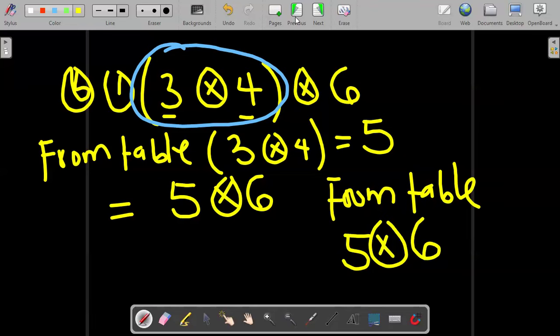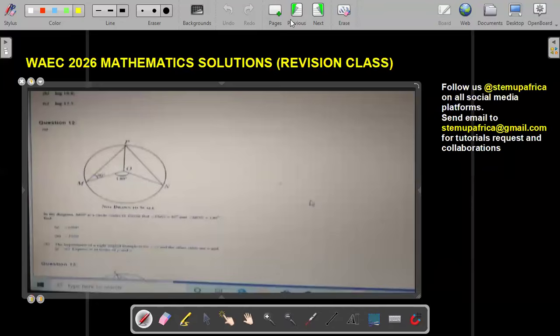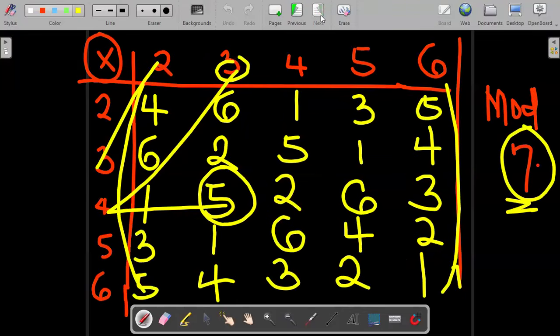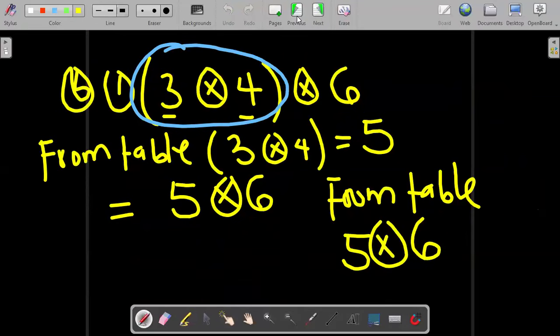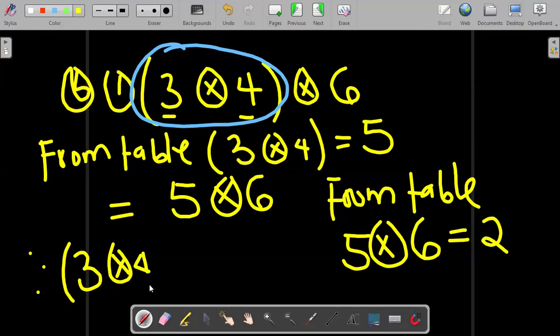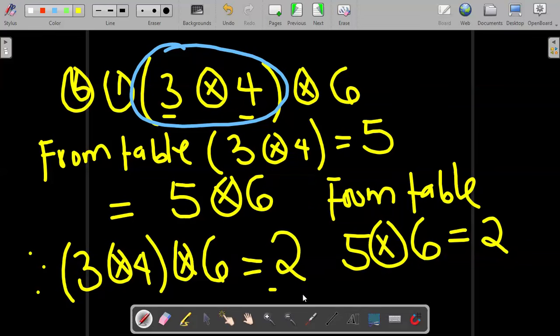Let's check. From the table now, 5 multiplied by 6, what does it give us? It is 2. So this one is 2. Therefore, my 3 operation 4, operation 6, the result is 2. Is it clear?